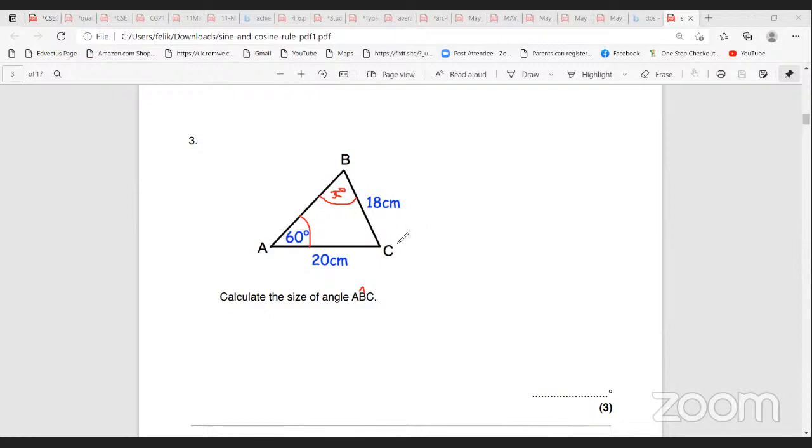The next thing we're going to do is determine our rule. Which rule are we going to use? Can I use Pythagoras theorem? Can I use trig ratio? No, Miss, this is not a right angle. All right, good. So why do we use cosine rule? Because it's two sides and the included angle. Is the angle given included between the two sides?